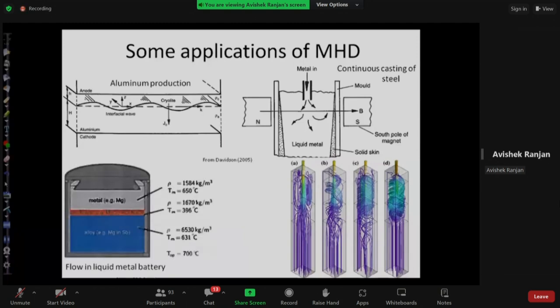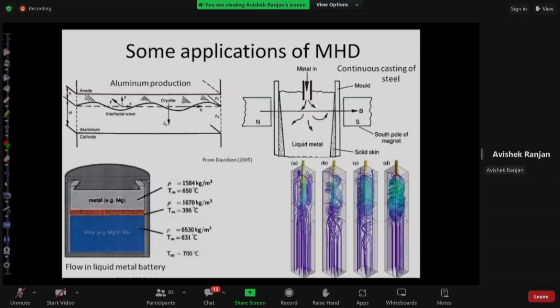One of the applications is the liquid metal battery, which is also what we are working on. This application is very promising from the energy storage point of view. Here we have 3 layers, and all of these are liquids. There's a negative electrode, an electrolyte in the middle, and a positive electrode.